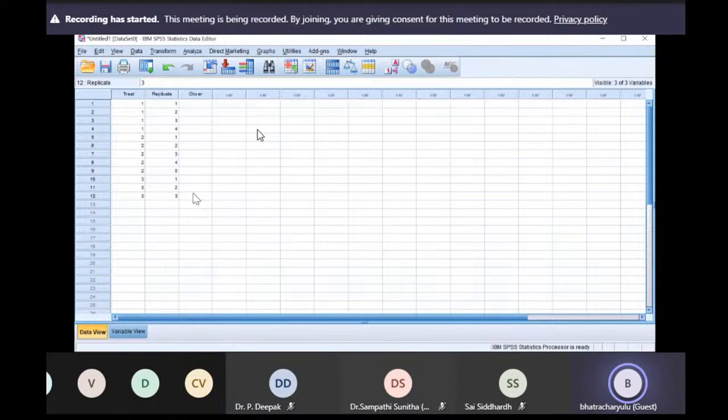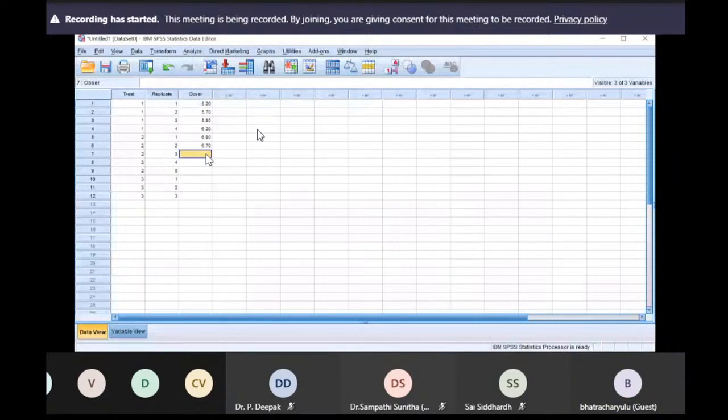Now you enter some random observations here. Some 5.2, next 5.7, 5.8, 6.2, 6.8, 6.8, 6.8, again 6.8.